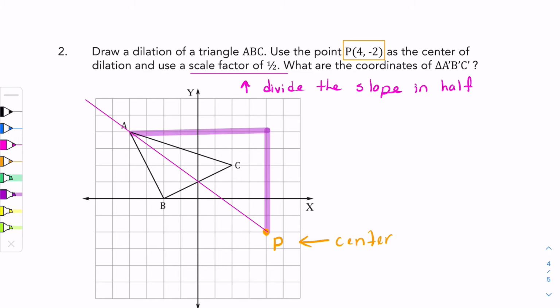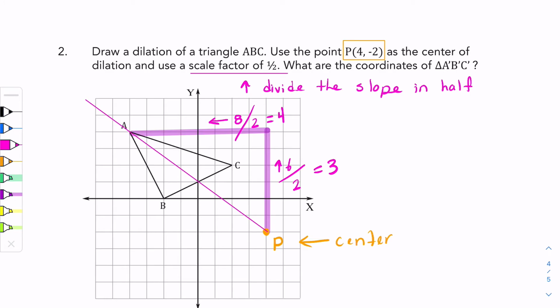So we're looking at up 6 and then over 8. If we divide those numbers in half, we would be going up 3 over 4. We're dividing them in half: 8 divided by 2 is 4, 6 divided by 2 is 3.